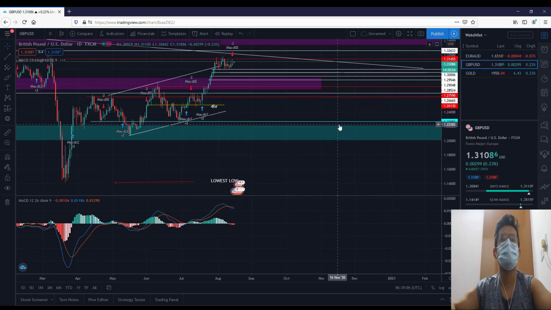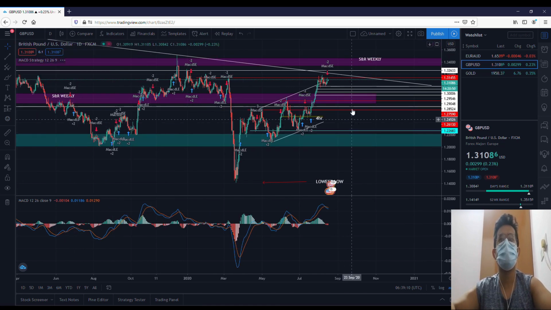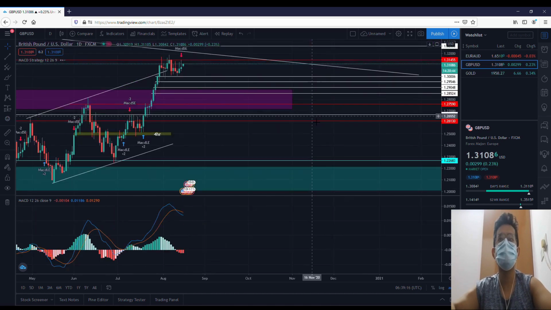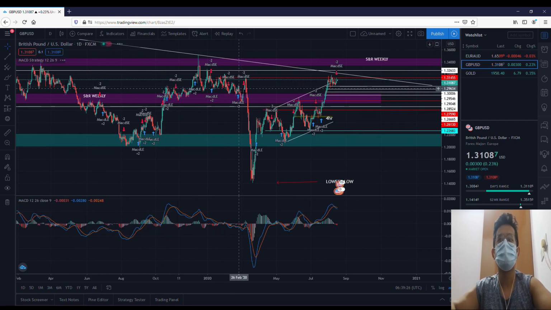Yeah, okay, so personally I thought that the price of the pound, you see, this is one of the major resistances here, 1.31419, which was a very strong resistance point. Like you can see here, it is a huge resistance point, and there are other resistance points, and there's a Fibonacci.